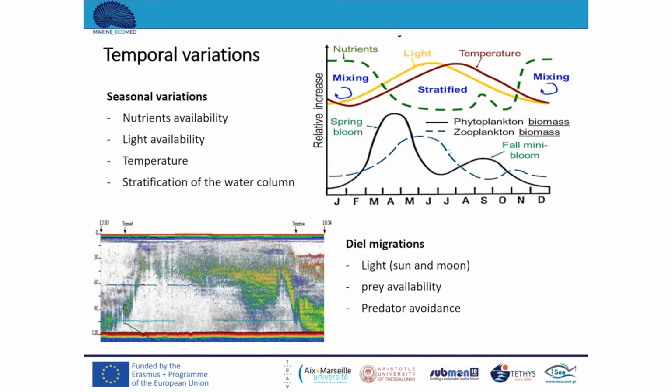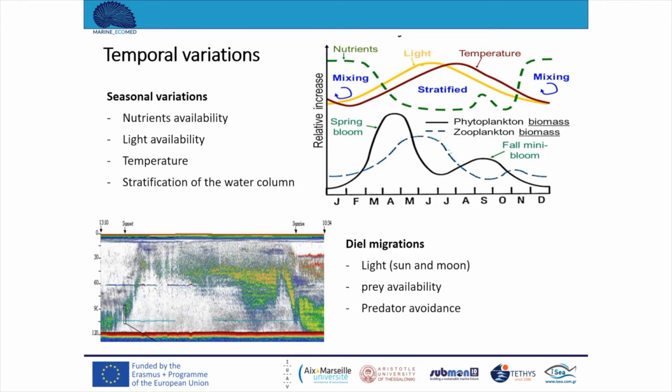Daily, we can also see migration of zooplankton. Usually they rise to the surface of the ocean just before sunset and go down deep just before sunrise. This cycle is actually led by the light, the sun and the moon, but also by prey availability and avoidance of predators.